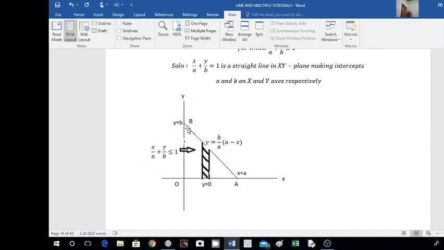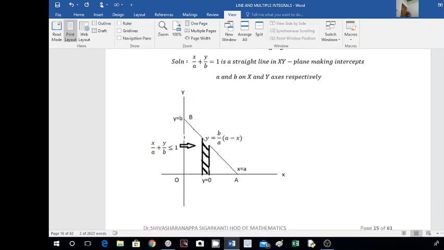The top portion will come like this and the bottom portion like this. After coming to this point, the strip covers the entire region of this triangle. So the limits of y are from 0 to (b/a)(a - x), and the limits of x are from 0 to a. Like this we can find the limits.